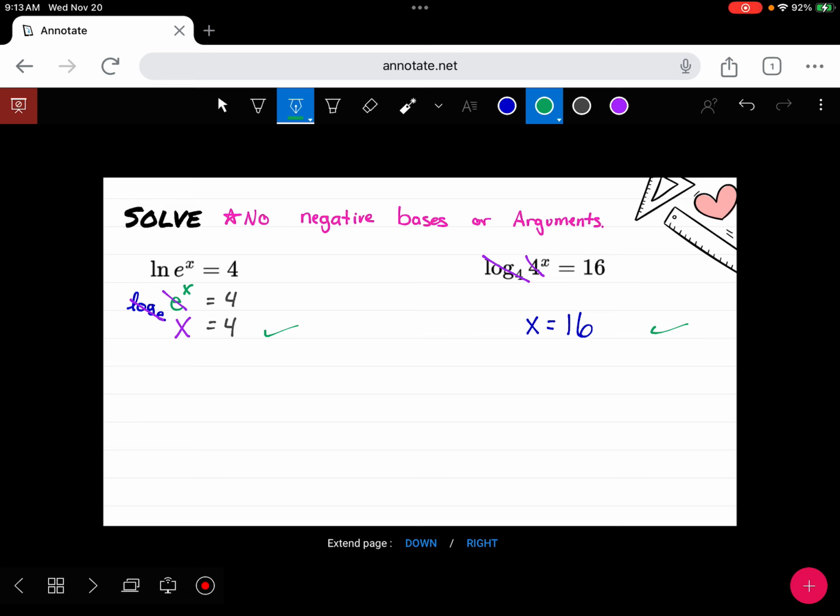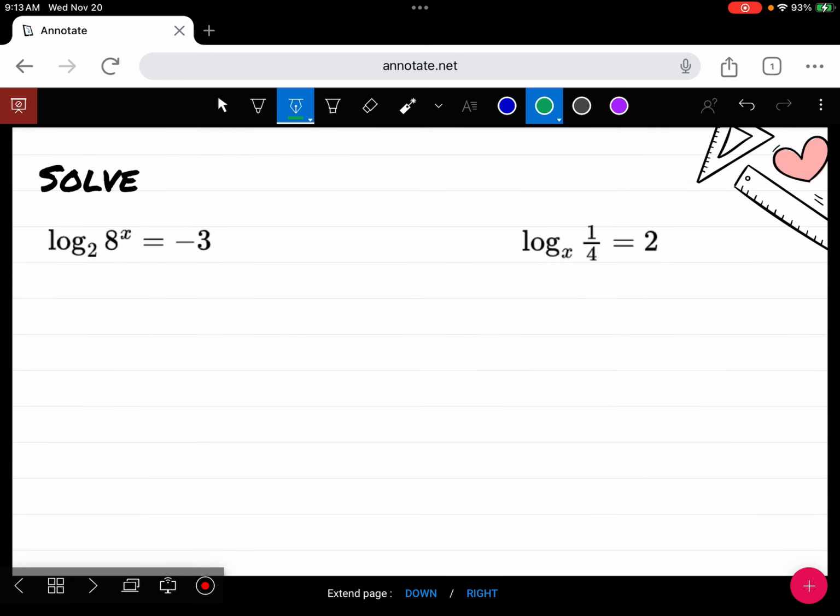Sometimes we're not always quite that nice, though. Sometimes it'll be more like this. So slightly more complicated. And there's a few different ways you can approach these, especially the left one.